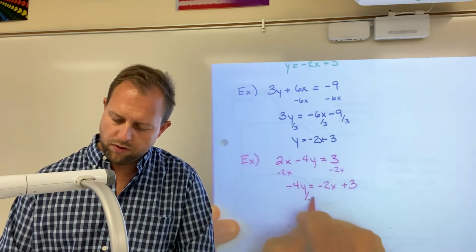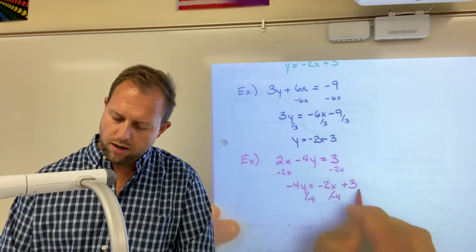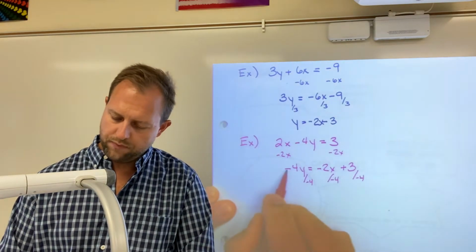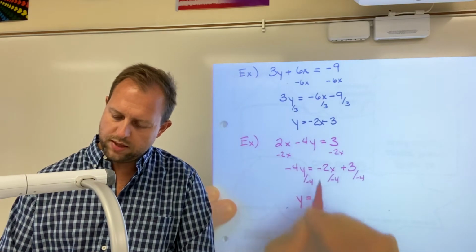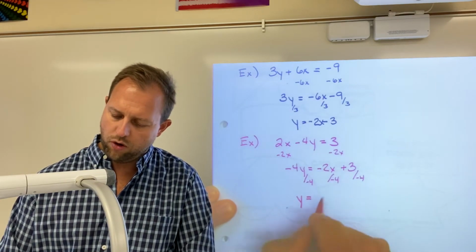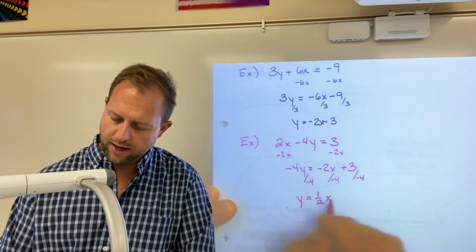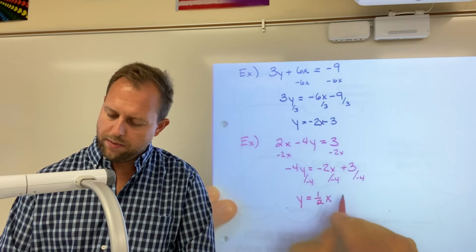And now divide through by the negative 4. This time they're not the nicest of numbers. That's okay. We're left with y equals negative 2 over negative 4, which reduces to a positive 1/2 x. 3 divided by negative 4 is a negative 3/4.